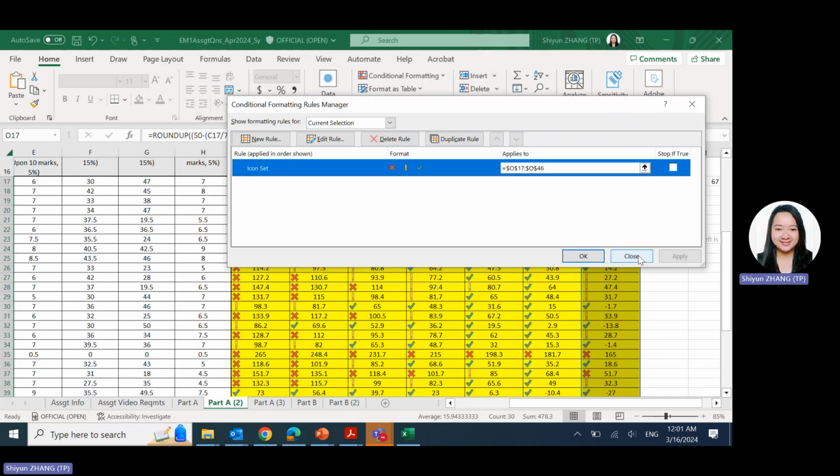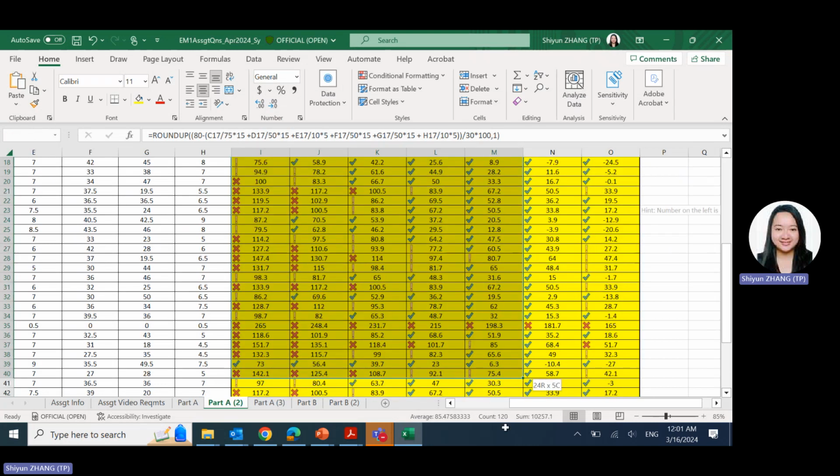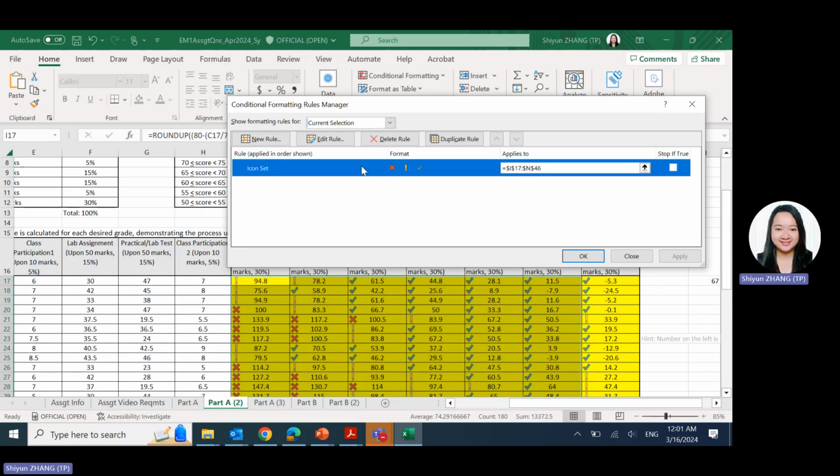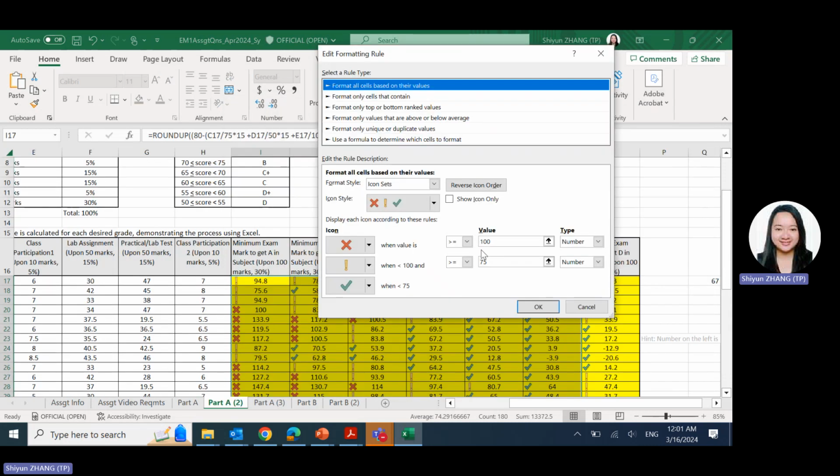Then for the rest, my conditions here are slightly different, because now it is the upper limit. So I would say that more than 100 is not possible, basically they cannot score more than 100%. And if they need 75%, which is near a B plus, that is a highlight, so that's why there is an amber exclamation mark.